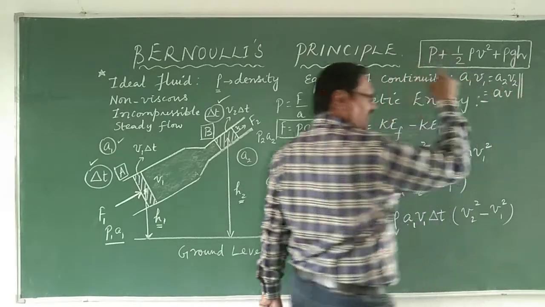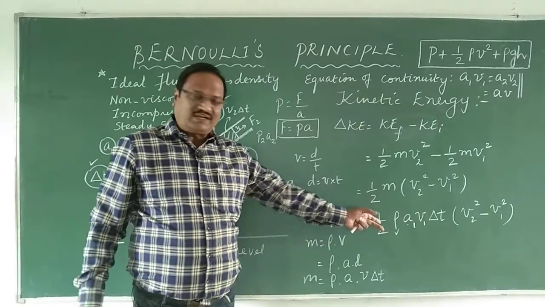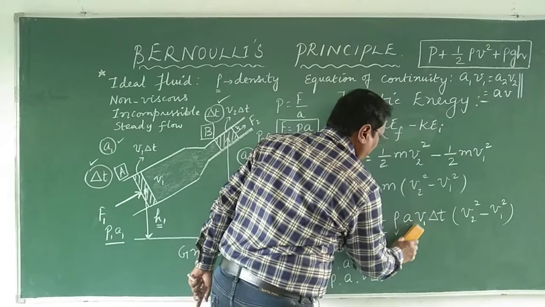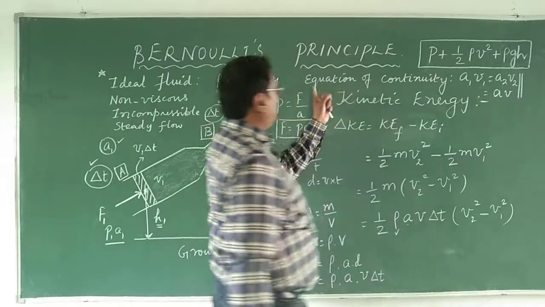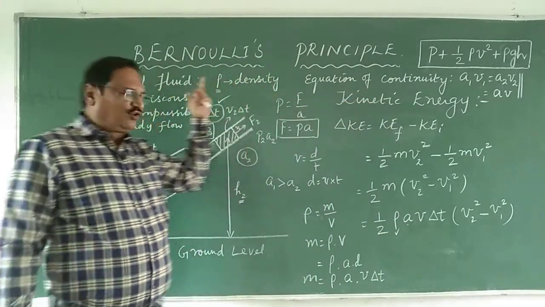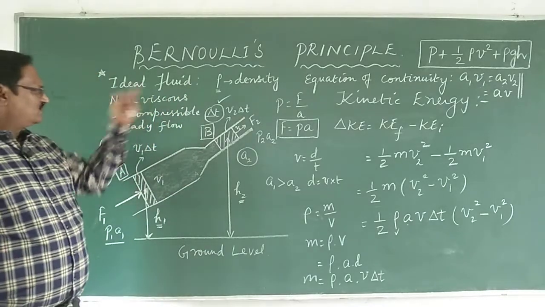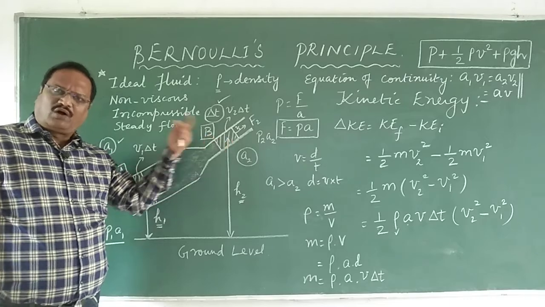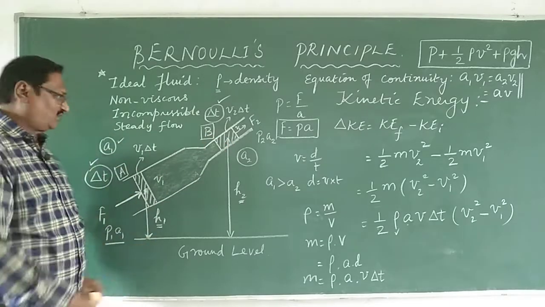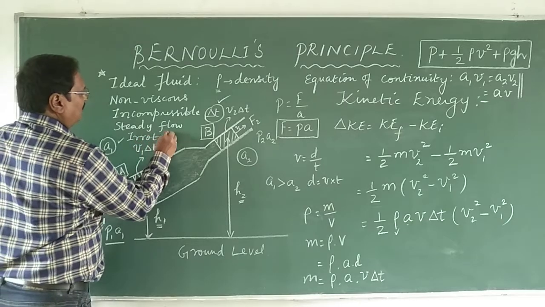This is an easy method which I found it will be better for you. So don't bring the subscript, because initially, according to the equation of continuity, the flow is due to ideal fluid, which is non-viscous, incompressible, steady flow, and irrotational. Yes, that is another word which I had forgotten, irrotational.